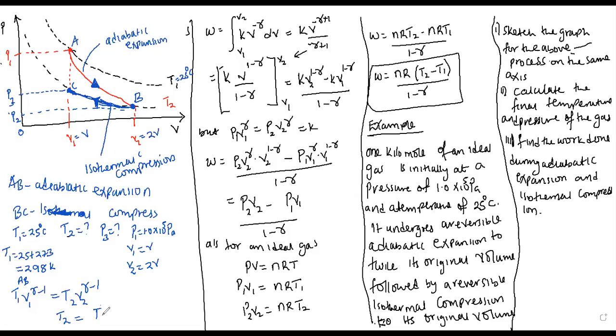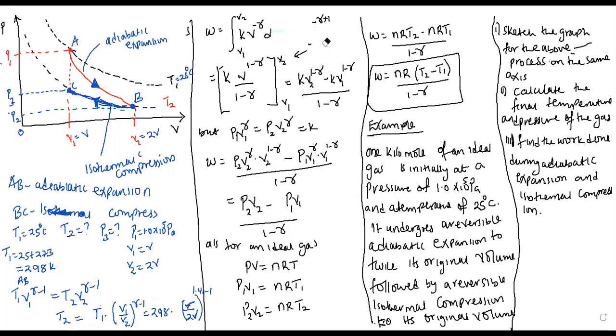T2 will be T1 times V1 over V2 to the power gamma minus 1, which will give me 298 times V over 2V to the power 1.41 minus 1. The V can die off.